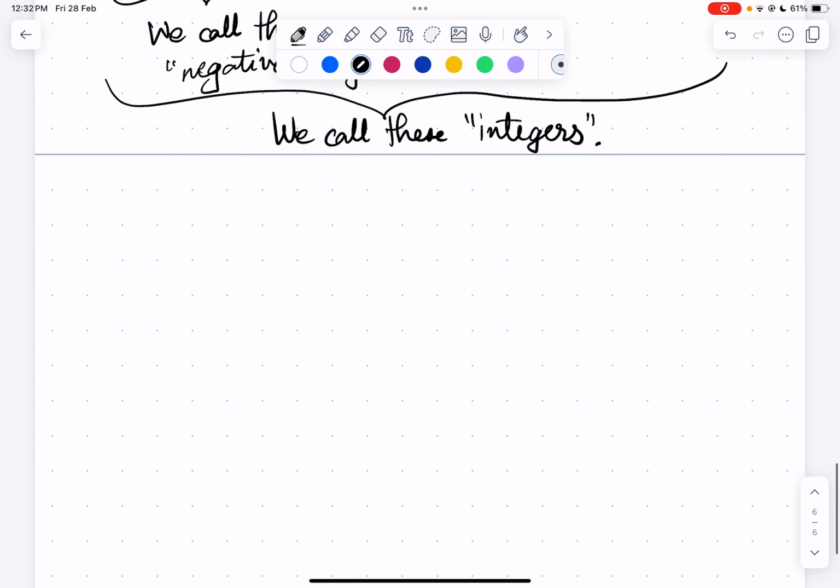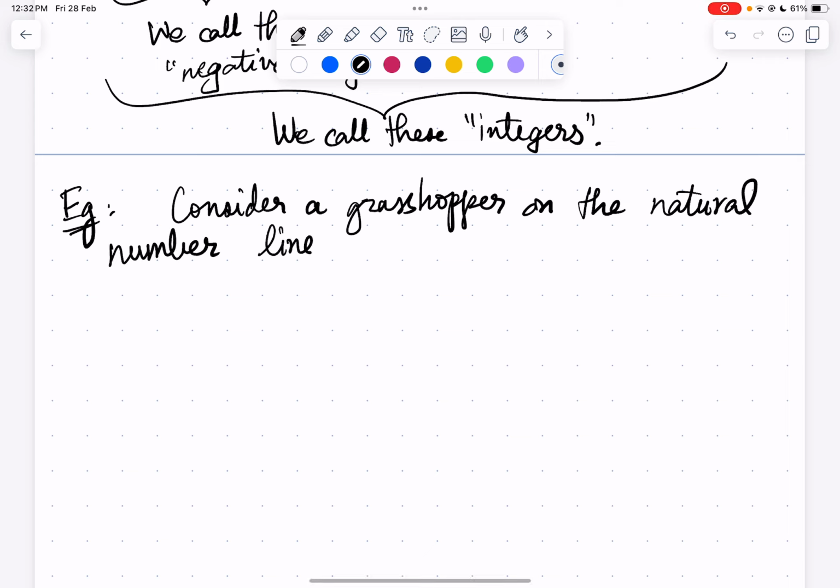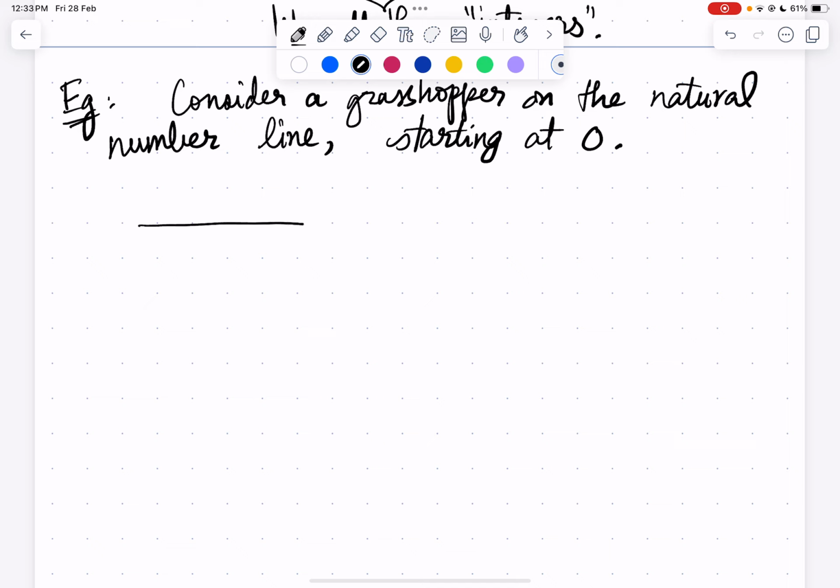Another example would be, you can consider a grasshopper on the natural number line, starting at 0. So here's 0 and here's a grasshopper.